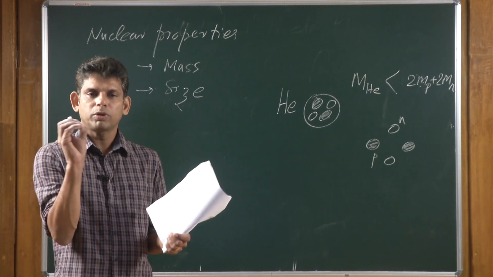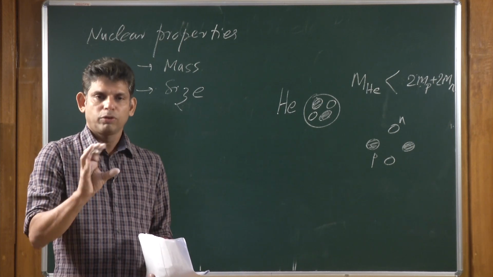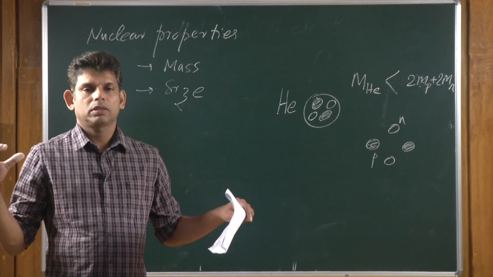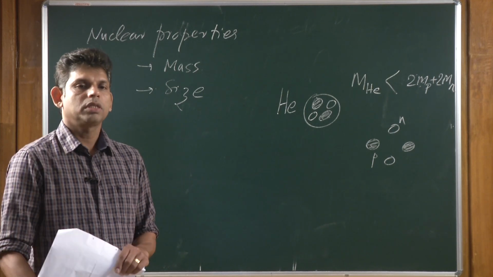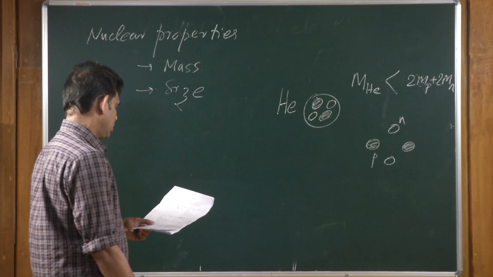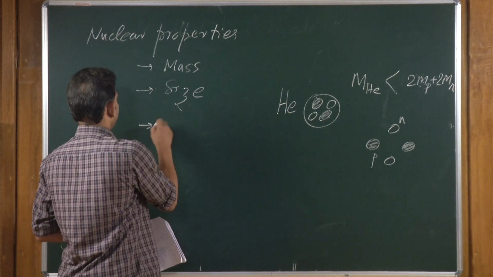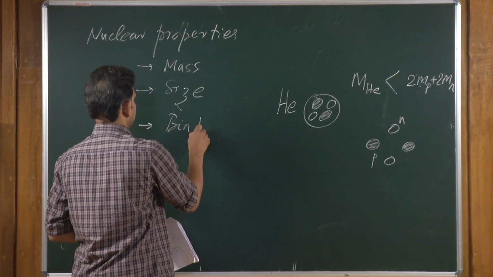So, when they come together and make a nucleus, they lose some mass, some energy is lost. This is called mass defect, or this is basically called the binding energy.